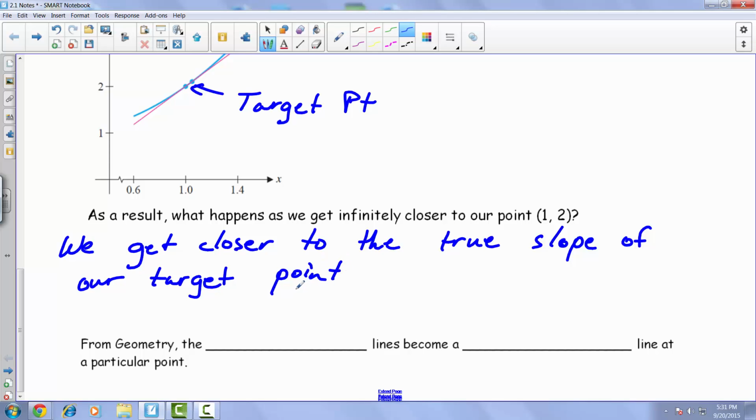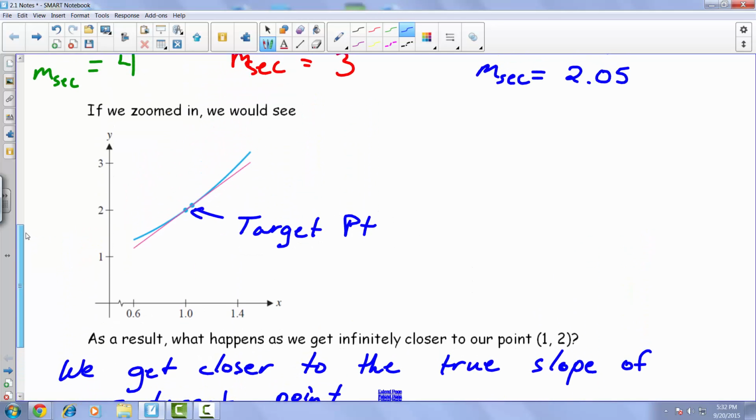From geometry, the secant lines were what we were actually calculating. The slopes of those were the secant line slopes. Our hope is that eventually you can get so close to that target point that it becomes the tangent line to our particular point.